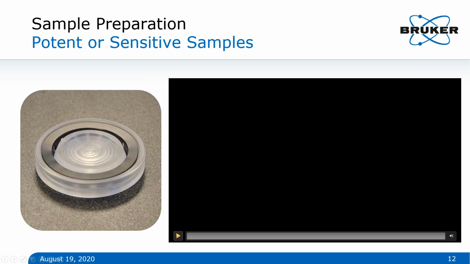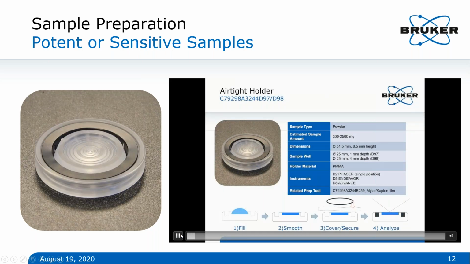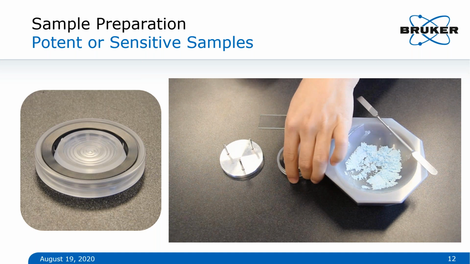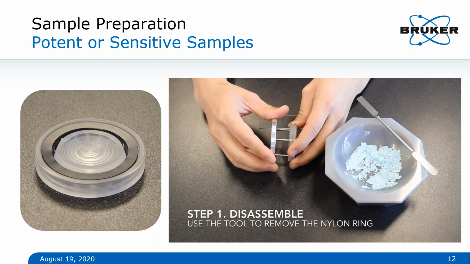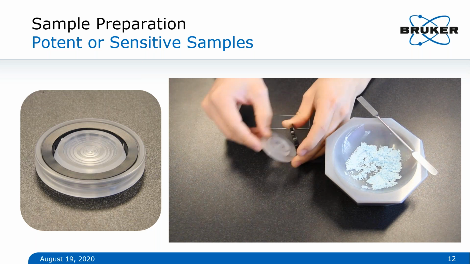Okay. The last sample preparation technique that we see is for things that are potent or hygroscopic or maybe sensitive to moisture or air. So we do have these air sensitive holders available. They are comprised of a base plate and a small capping ring.